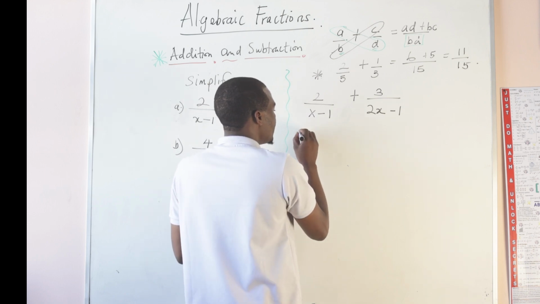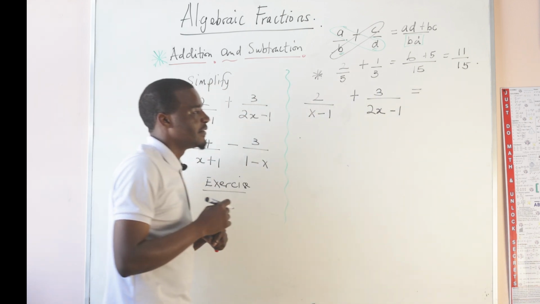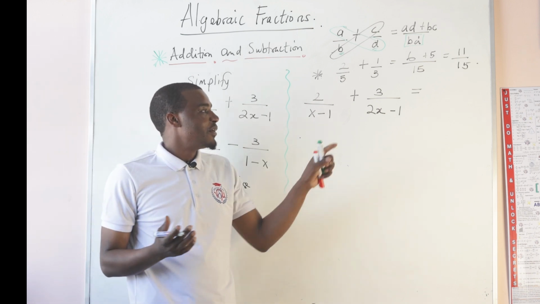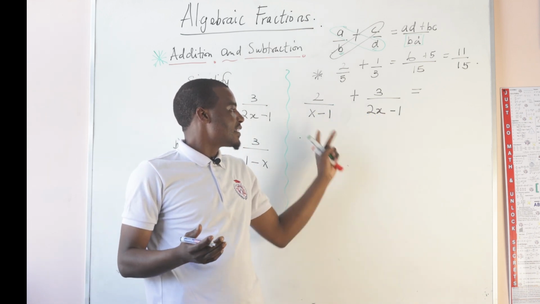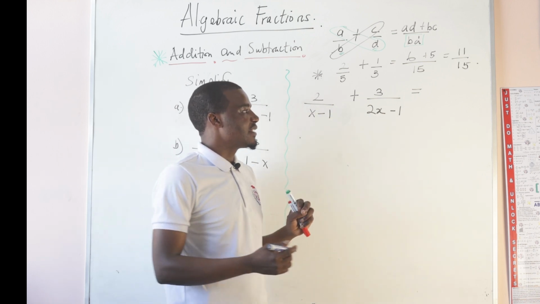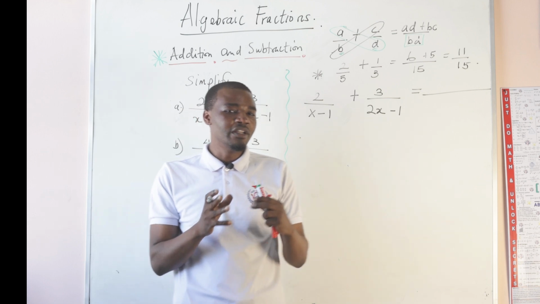So how are we going to simplify this? Like I said, when you're adding fractions, these are algebraic fractions. The first thing that you have to do is to identify what we call the common multiple.